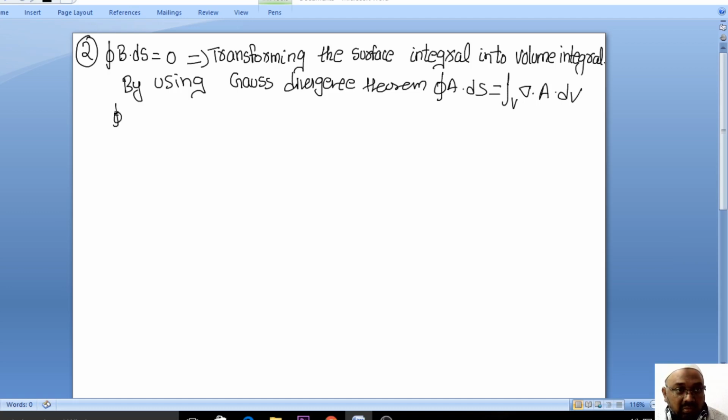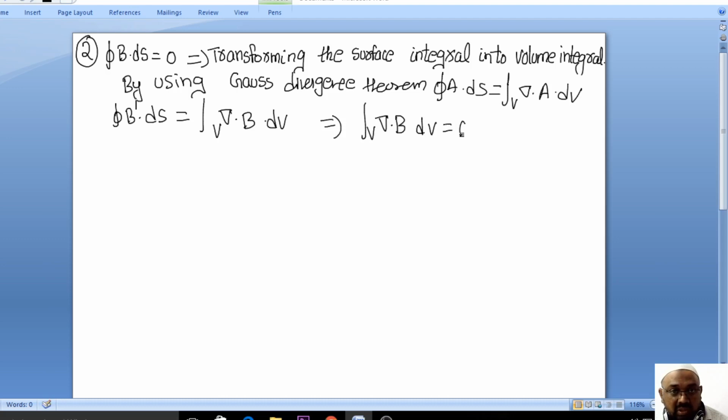So the surface integral of B dot dS can also be written as the volume integral of del dot B dV. This implies the volume integral of del dot B dV is equal to 0.